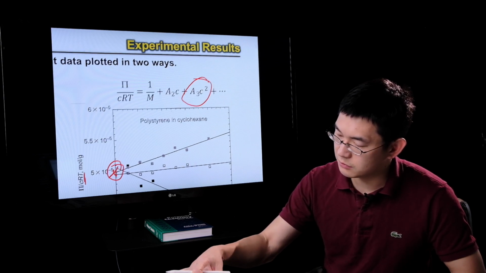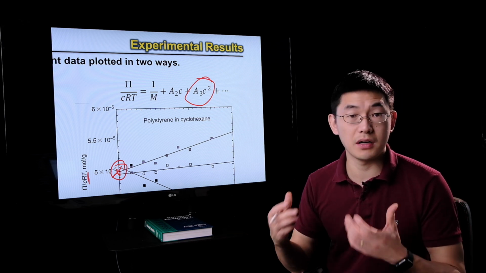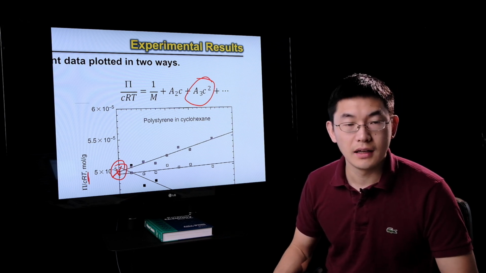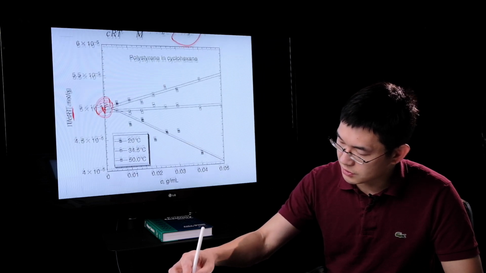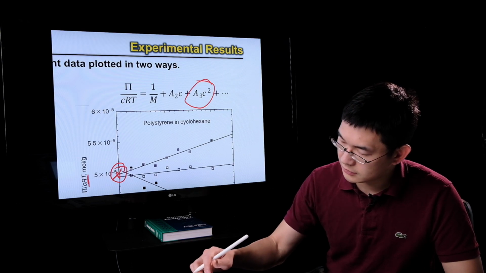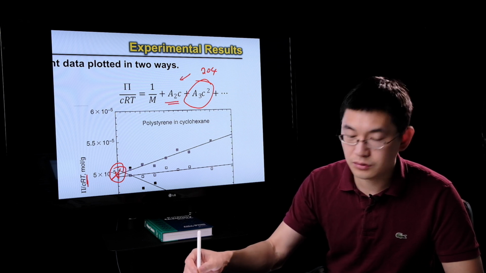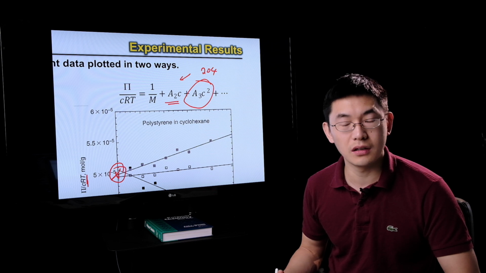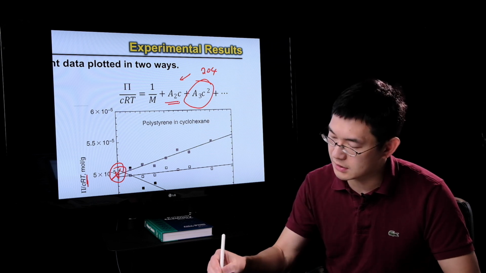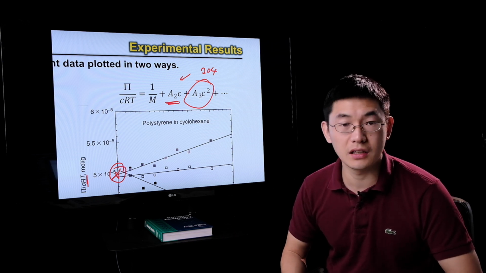No matter whether A3 is a positive or negative term, if you have a concentration as shown here, 0.04, it will be about 4% of the significance of the A2 term, right?